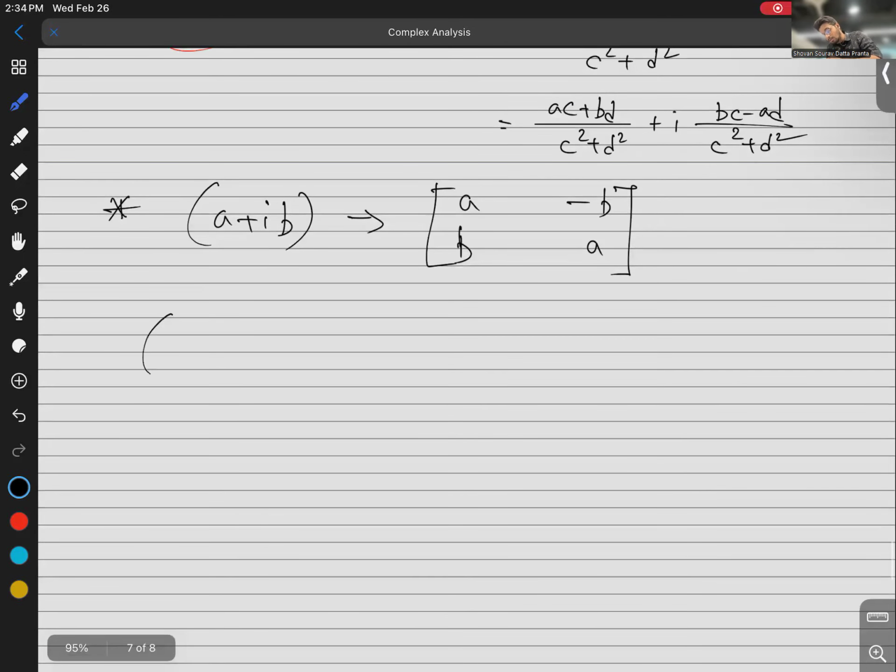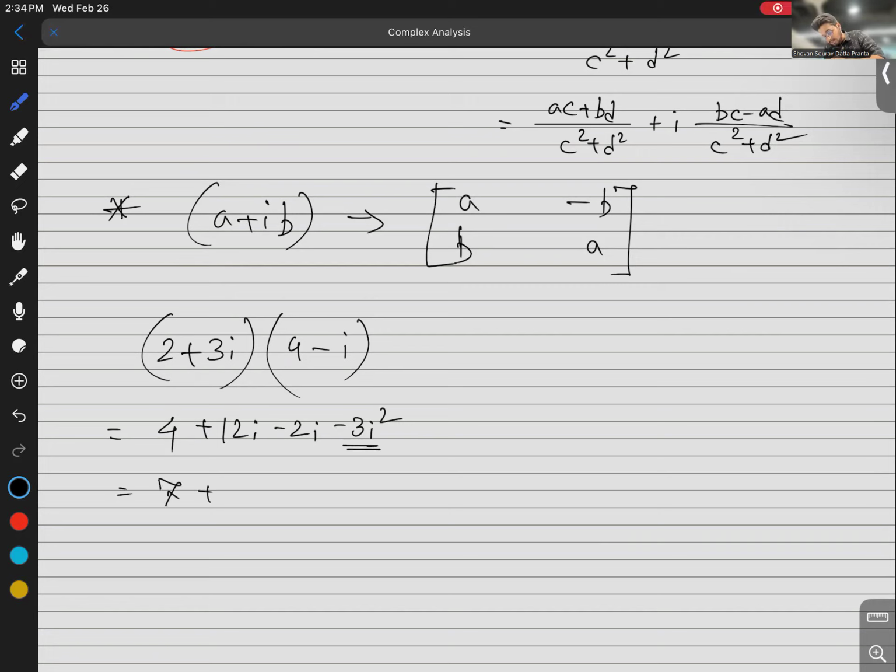Let's say 2 plus 3i is multiplied by 4 minus i. Then from our conventional way, we get 8 plus 12i minus 2i minus 3i squared. So this will be plus 3, giving 11 plus 10i.